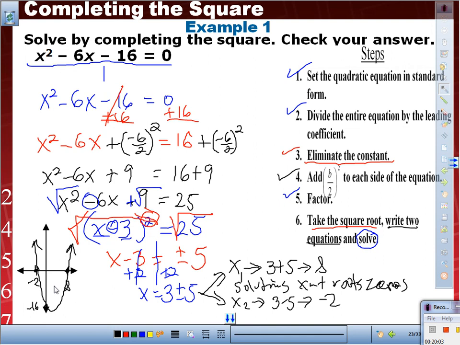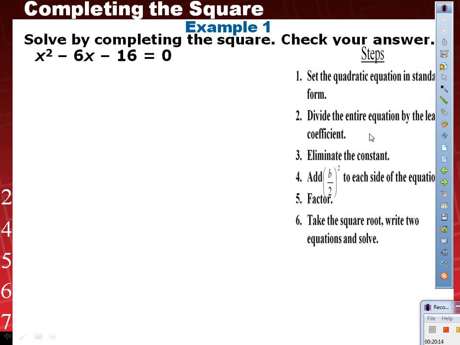Example 2. Copy this down, please. Example 2a. X squared minus 4x minus 12 equals 0.